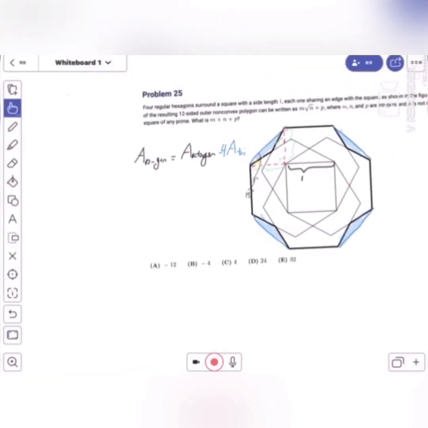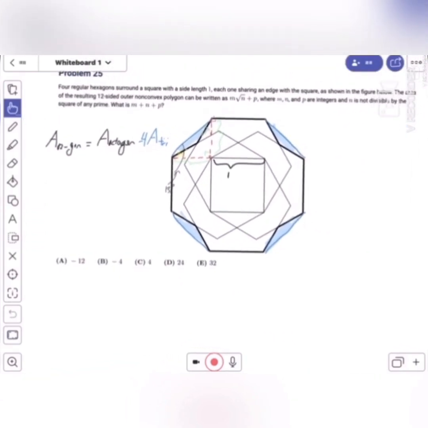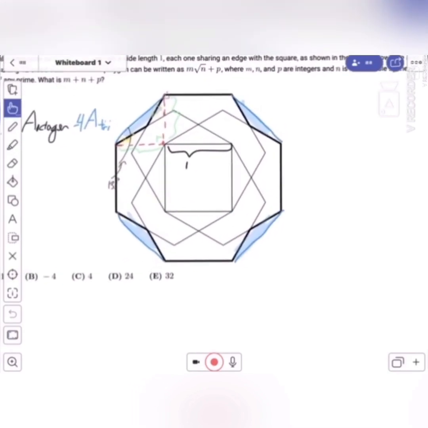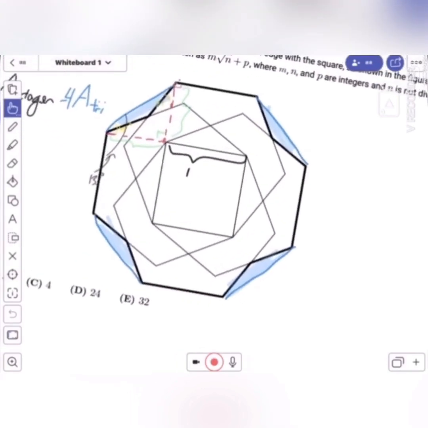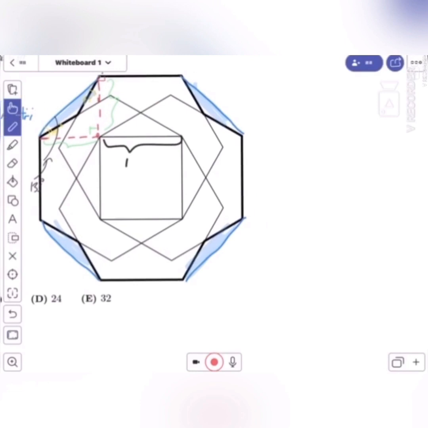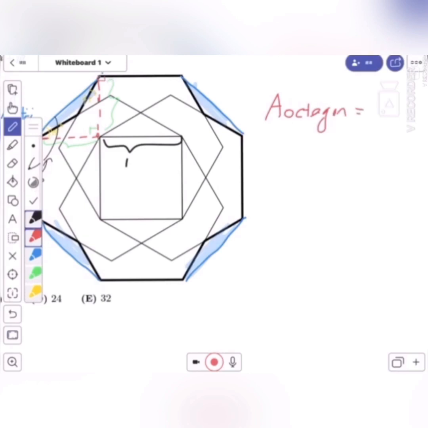Now first, we have to calculate the area of the octagon. So let me just zoom it in. So the area of the octagon, we can use the same logic here, right? Extend these two lines, let it meet at a point. Then this is actually an isosceles right triangle. This green area is an isosceles right triangle.